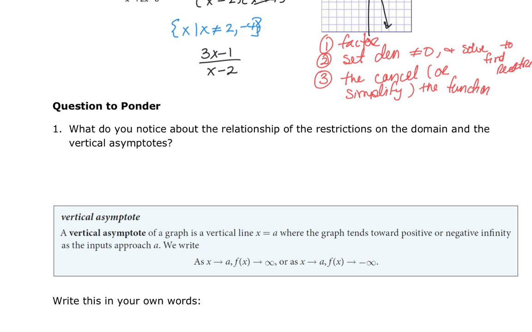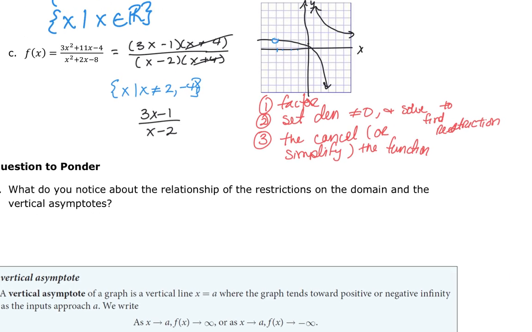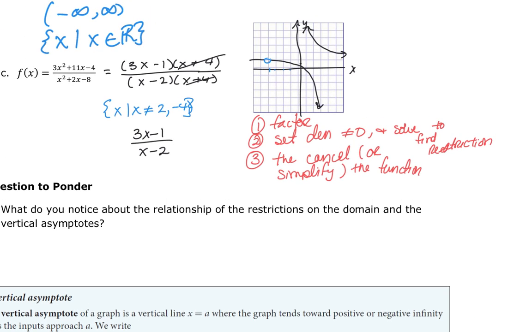Okay, now what does it say about the relationship between the domain and the vertical asymptotes? Well, the domain is either going to produce the vertical asymptotes or it's going to produce holes in the graph. So if I look at my pictures here, obviously not drawn well, I actually have a vertical asymptote at x is equal to 2. Not drawn on my graph, so let me redraw this a little bit nicer. I was just balling out of control there.